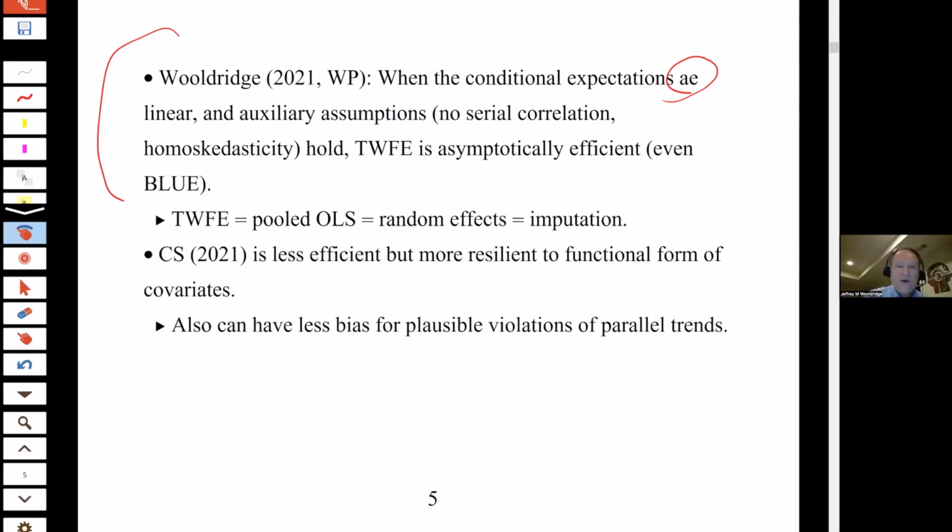But if they do happen to hold, then the two-way fixed effects estimator, on this expanded equation, is actually the asymptotically efficient estimator. And in fact, it's even the best linear unbiased estimator. So we can actually show that it has a desirable finite sample property.